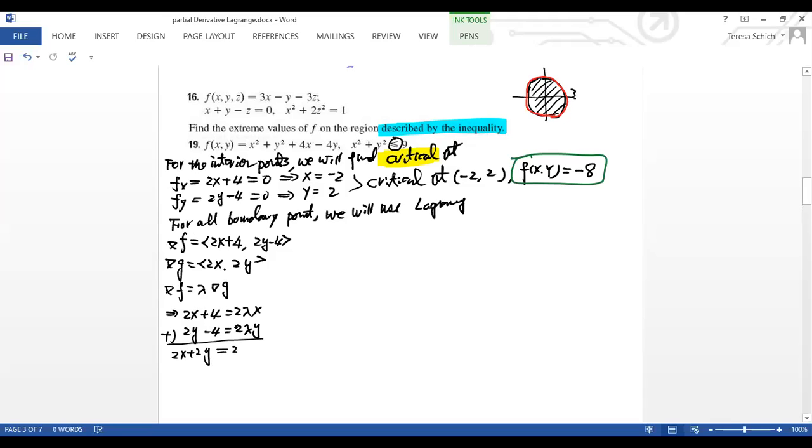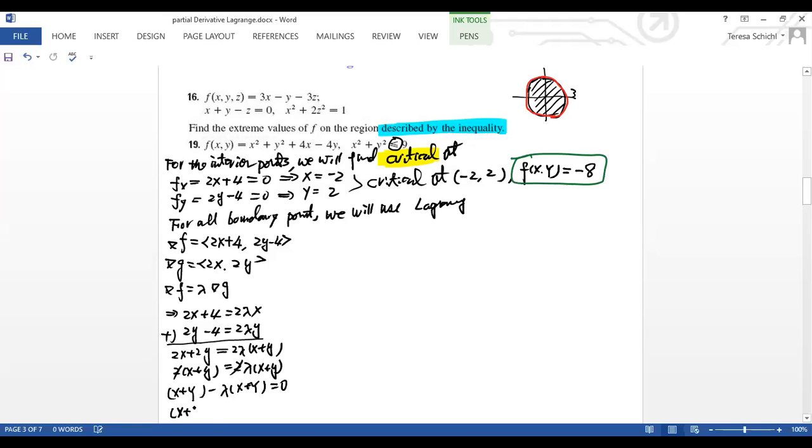You can factor the 2 out, 2 times (x plus y) equal to 2 lambda times (x plus y). We can cancel the 2, so I can say (x plus y) minus lambda (x plus y) equal to 0.